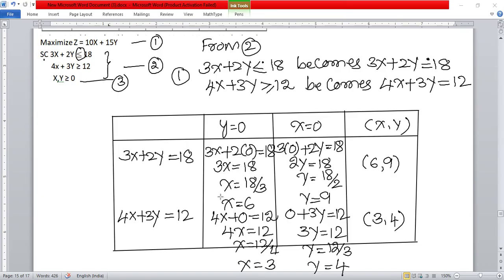Finally, we got 3 comma 4. This is 6 and this is 9. So 6 comma 9 for the first equation, and 3 comma 4 for the second one. So this is the second method.